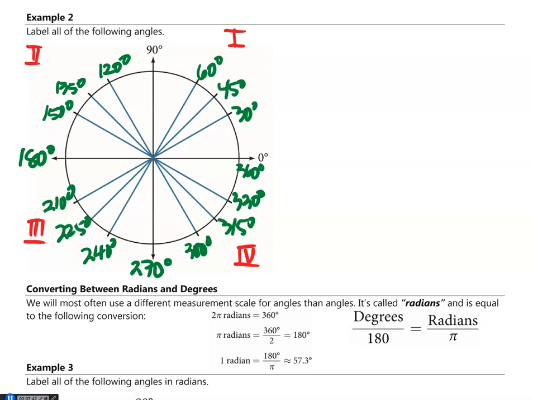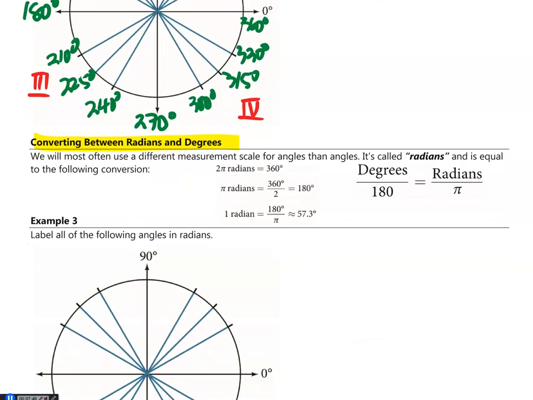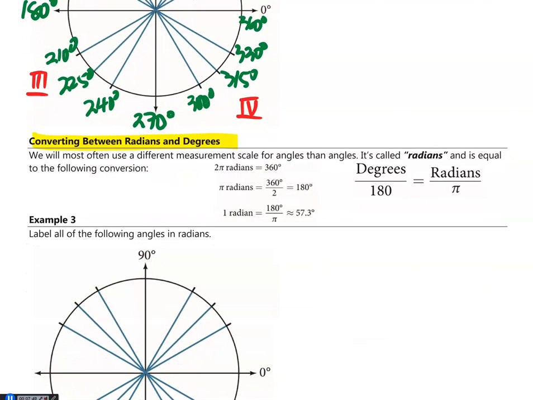Next is converting between radians and degrees. We will most often use a different measurement scale for angles, and we call it radians, and it's equal to the following conversions. So 2 pi radians is equal to 360 degrees.